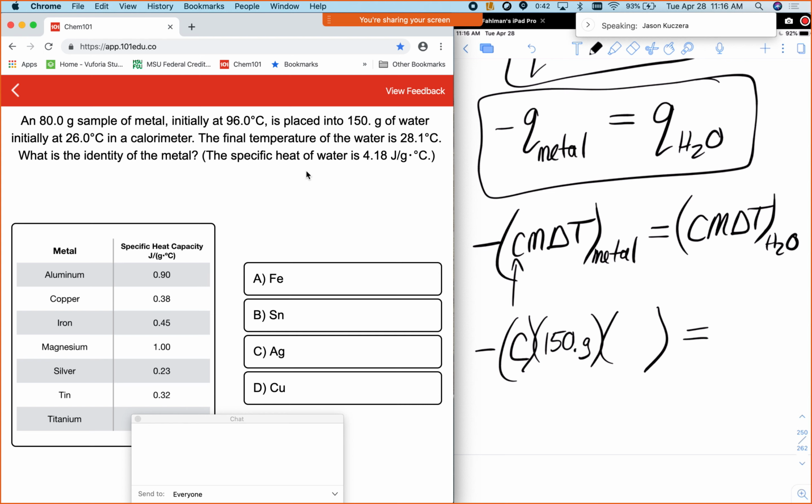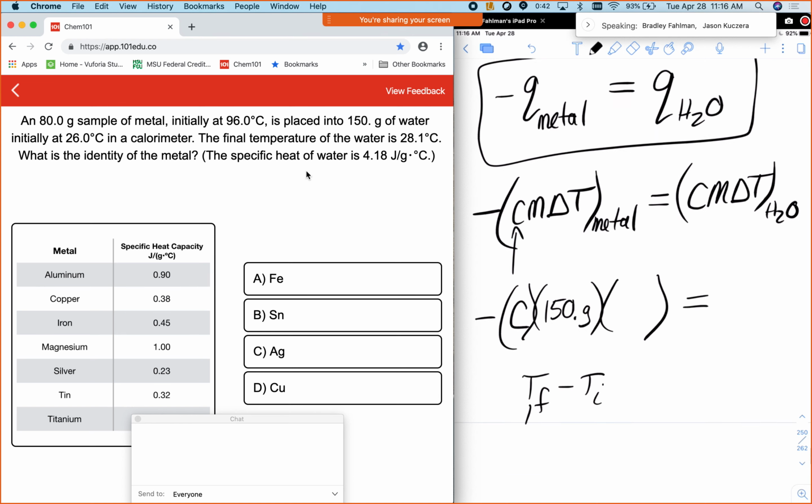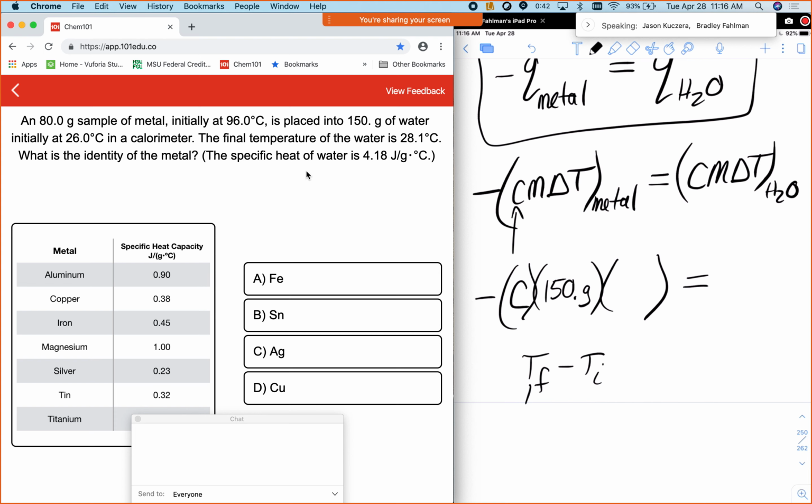It's actually just the opposite of that. Remember, it's final minus initial. The final temperature of the water is what it's going to equilibrate to.